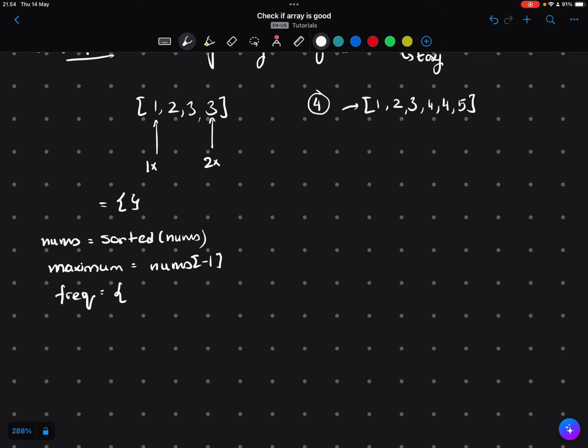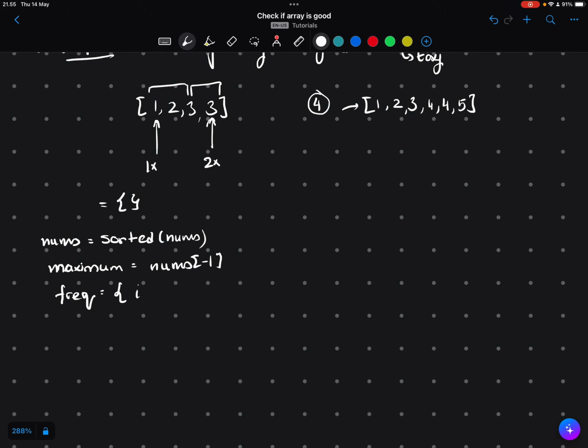Well, essentially we will make this frequency our target. So let's just make this our target dict, okay? In the sense that it will hold the rule. So it will have the rule one time for every other element besides the maximum. So how do we write that out?